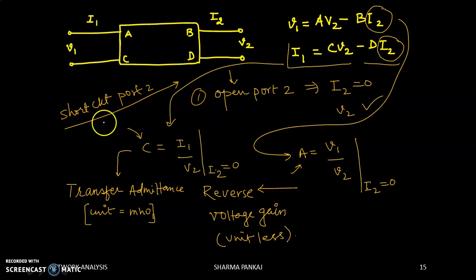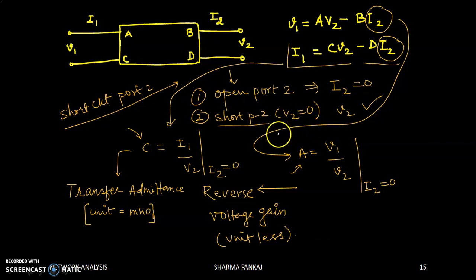That means what? If we short circuit port number 2, the following will happen. Shorting port number 2 will give you V2 is equal to 0.